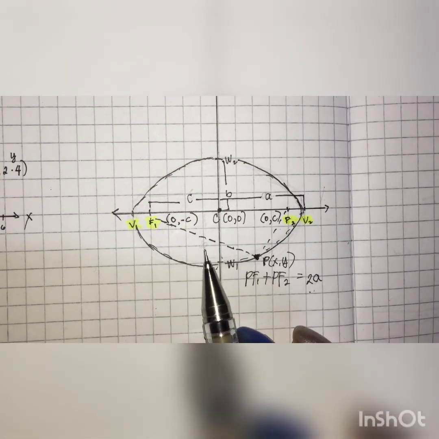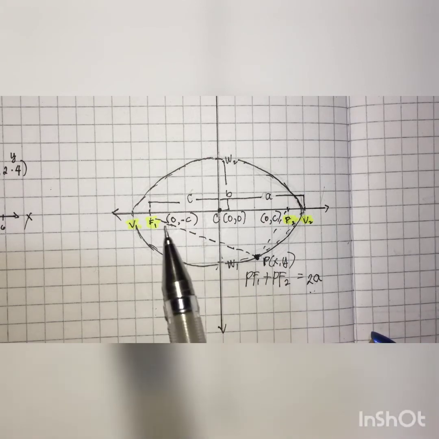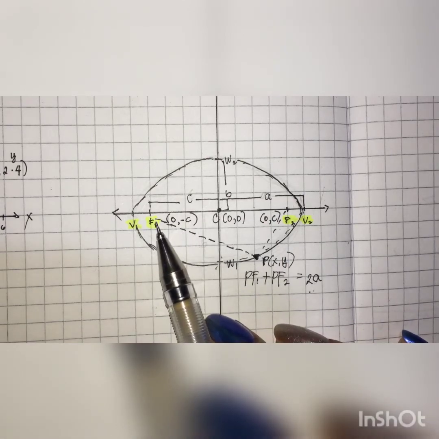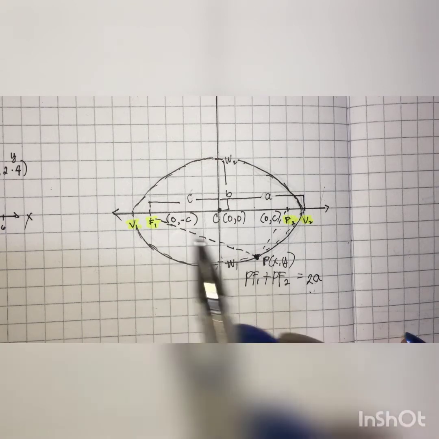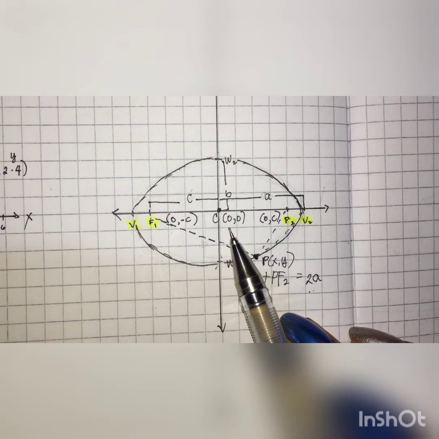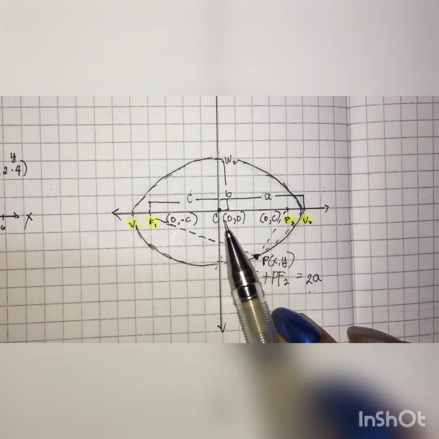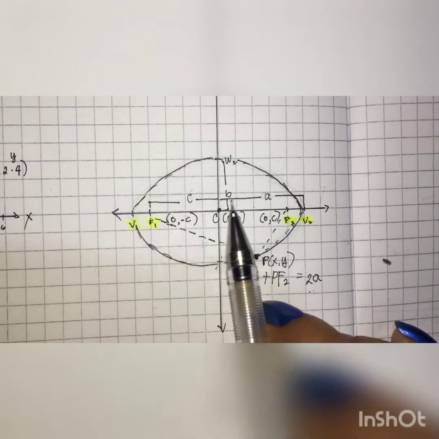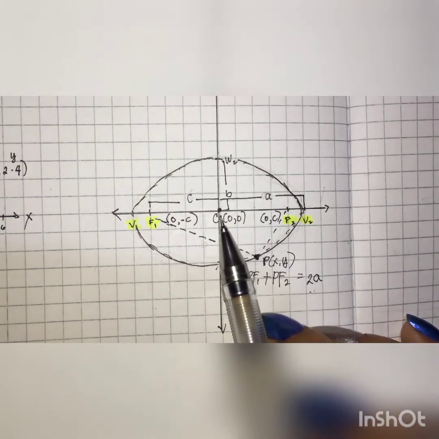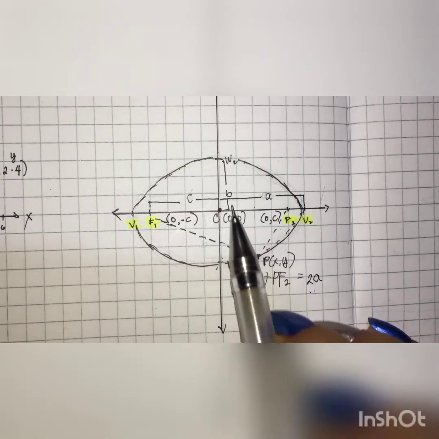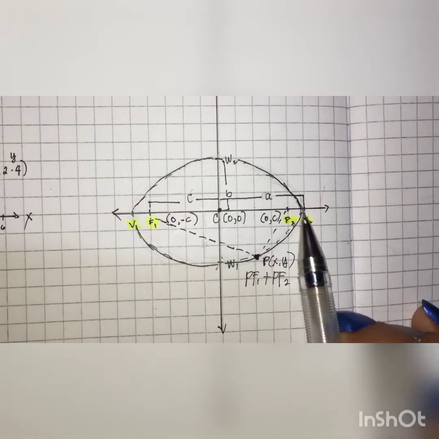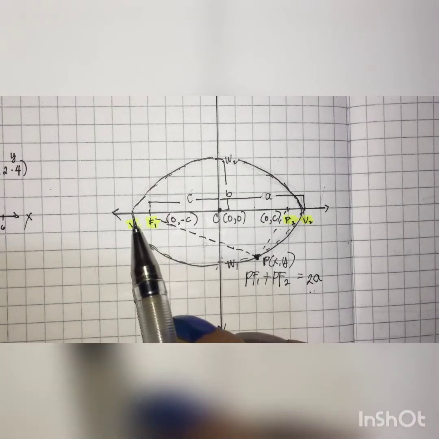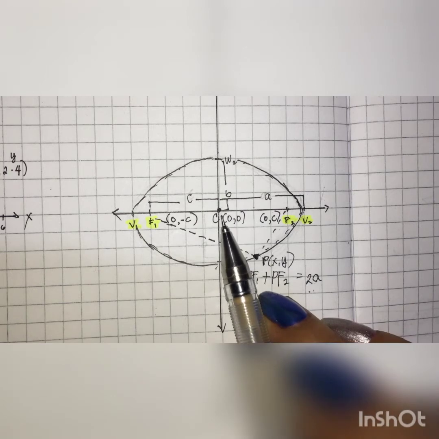If y is equal to 0, then x is equal to positive or negative a. Each vertex is a units away from the center, like what we have illustrated here. From the center to the vertex is a unit distance, and also from the center to vertex 1 is also a unit distance.